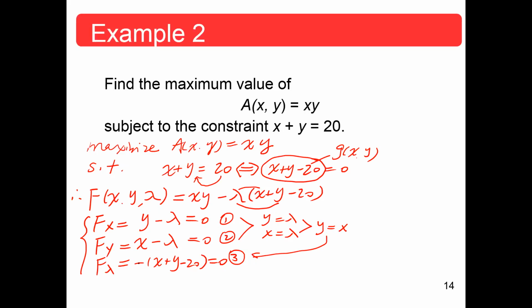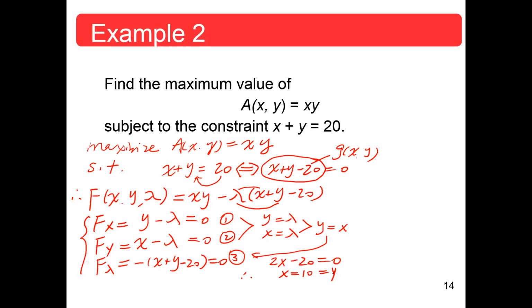In equation 3, you can just ignore the negative sign in front because the right-hand side is 0. If I plug this into equation 3, I have x plus y, which is 2x, minus 20 equals 0, right? So x would just be 10. When x equals 10, y would be 10 as well.